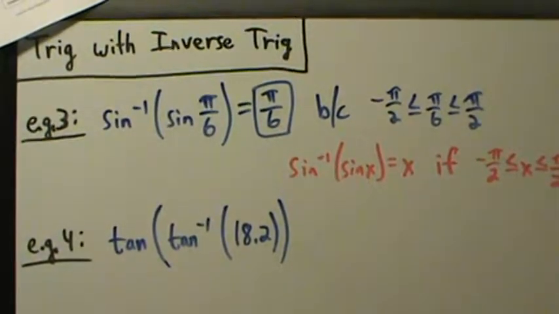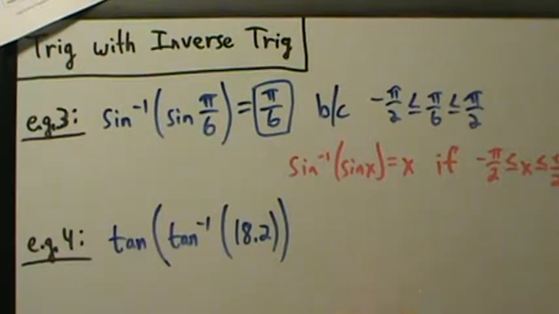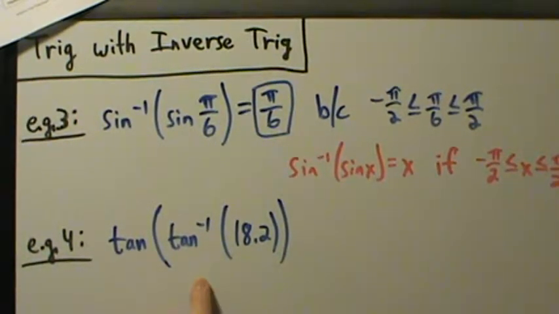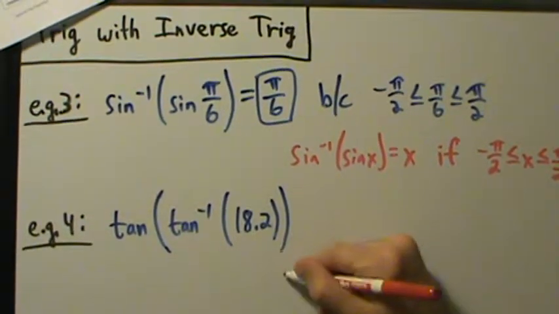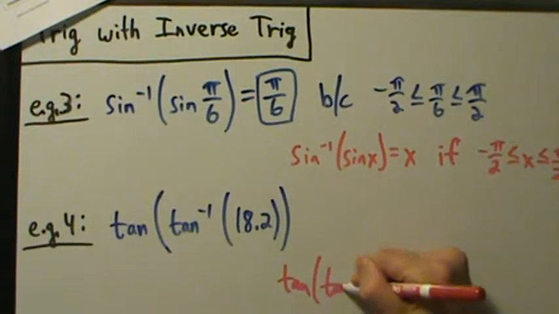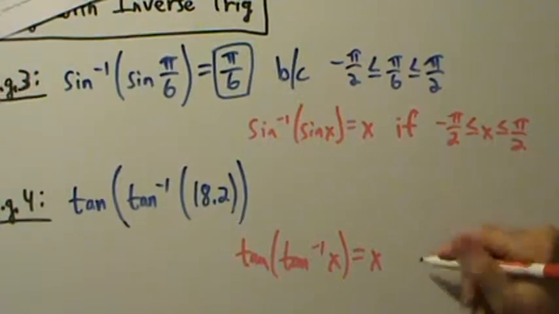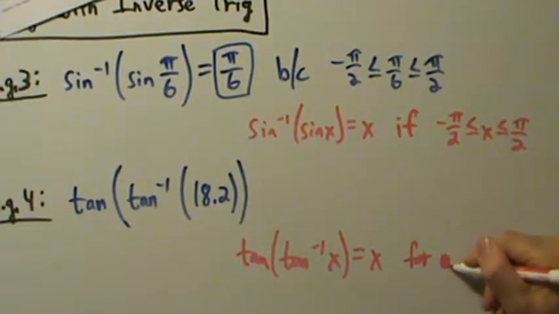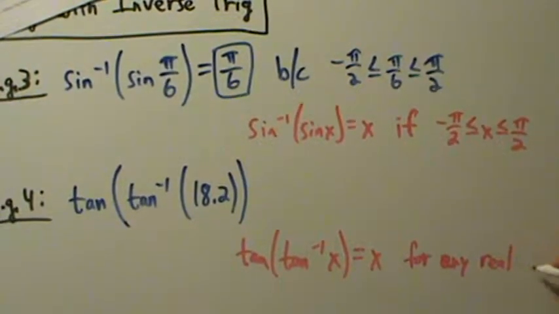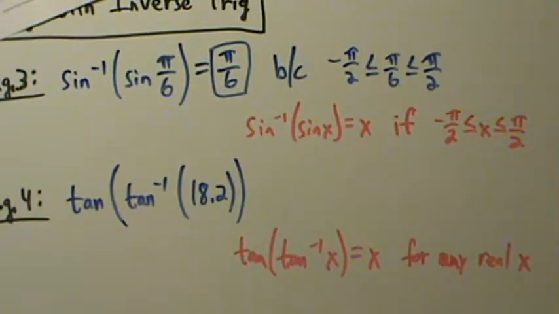What did the rule for tangent of inverse tangent say? That one said tangent of inverse tangent of x equals x for any real x. So for any real value of x, tangent of inverse tangent of x is just x.